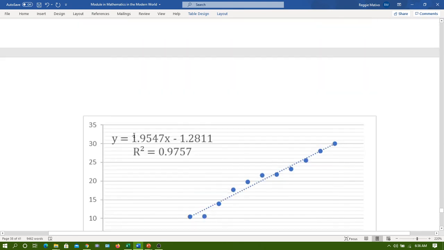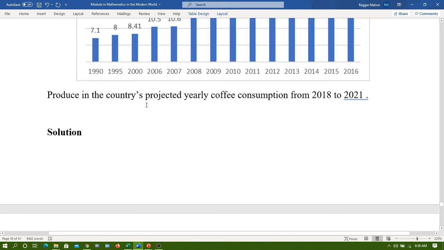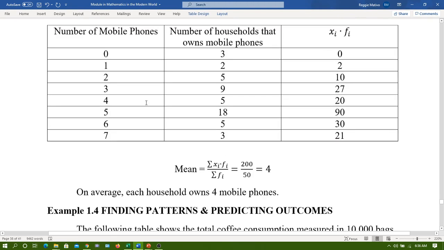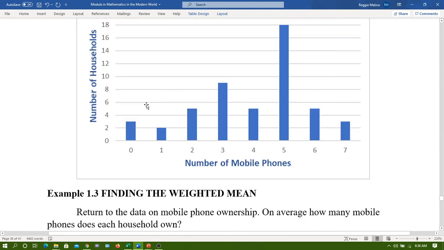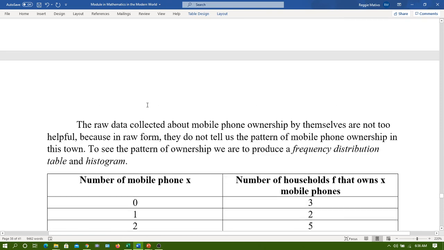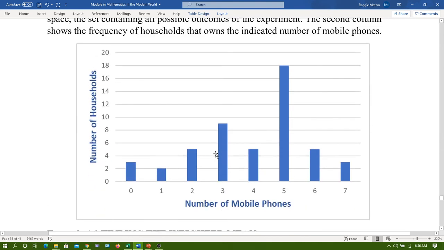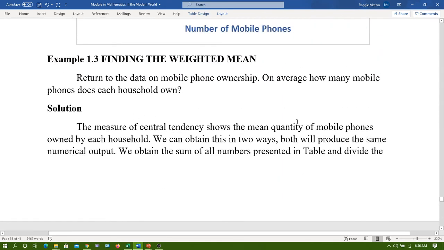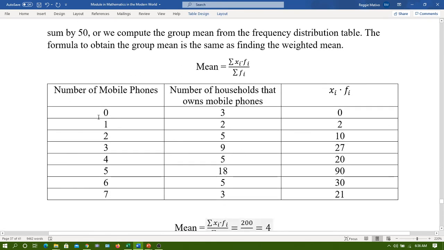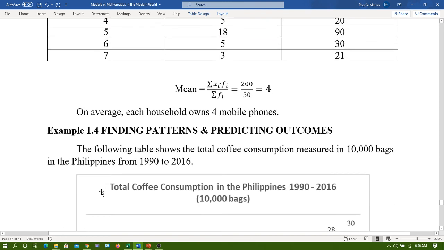So for the examples, again, we have the frequency distribution table. What we learned today is from this frequency distribution table and the histogram. Next, how to get the weighted mean: multiply the two columns, get the sum of the two columns on the right also, and then divide them.